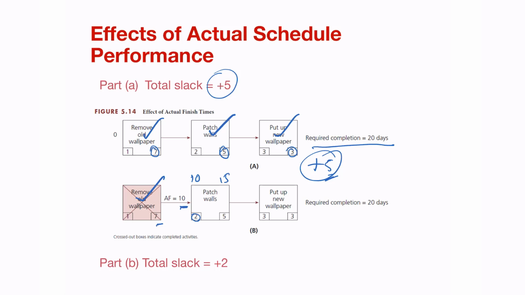Then the next activity starts on day 15, plus 3 is day 18, which leaves us with 20 minus 18, which leaves us with 2 days slack, because we've updated based on what actually happened during the project.